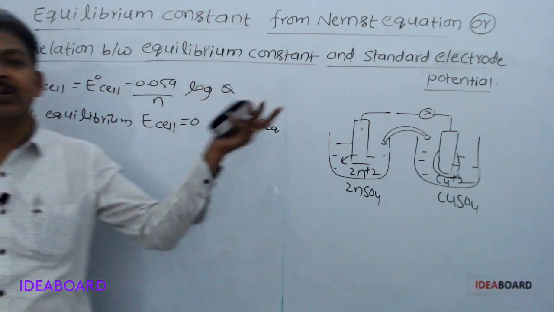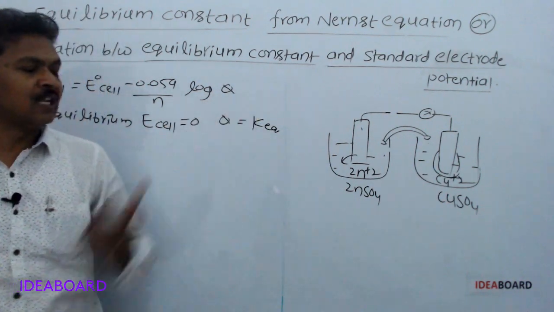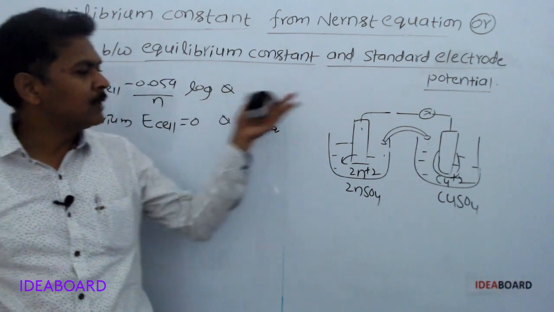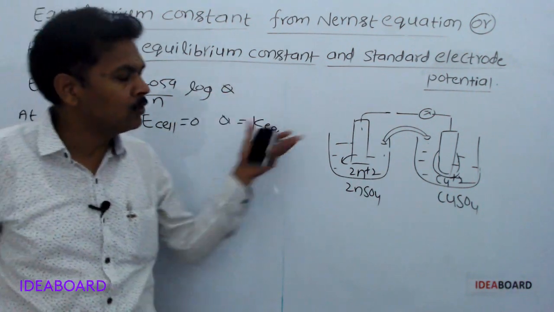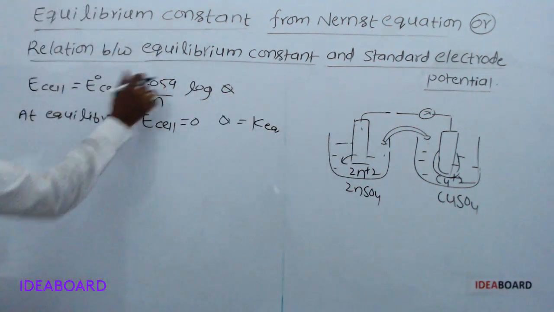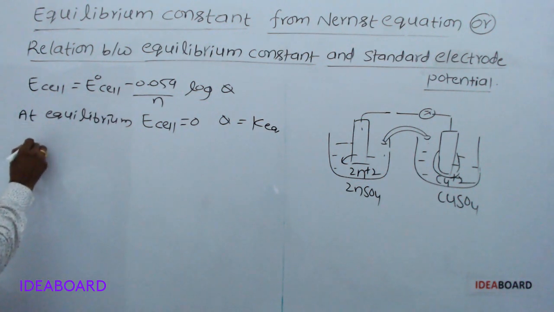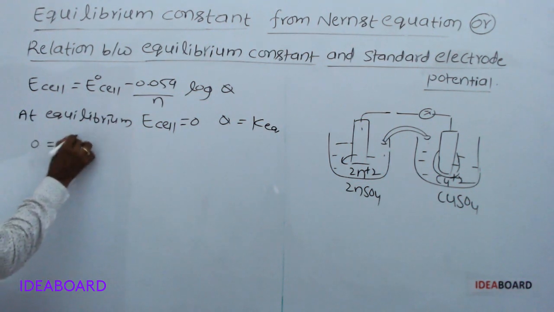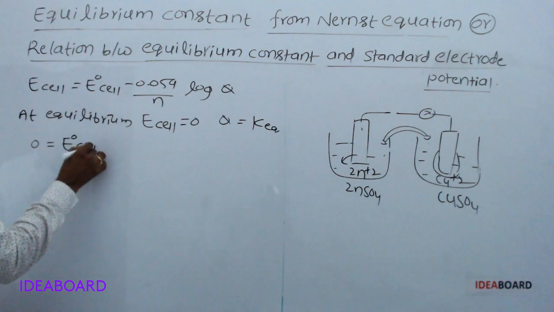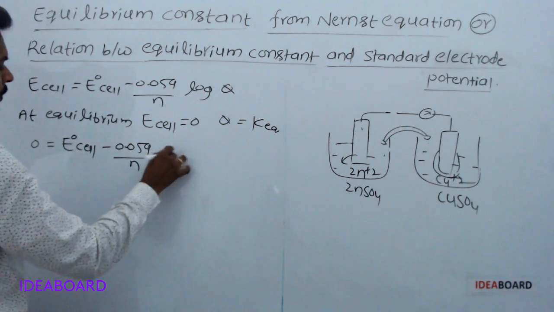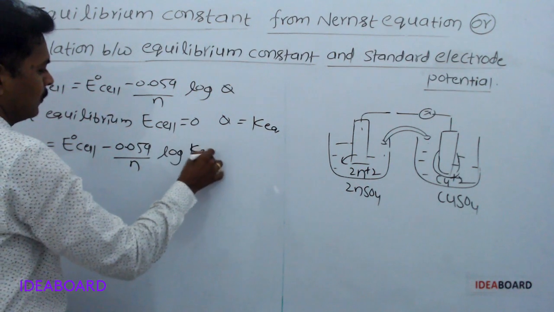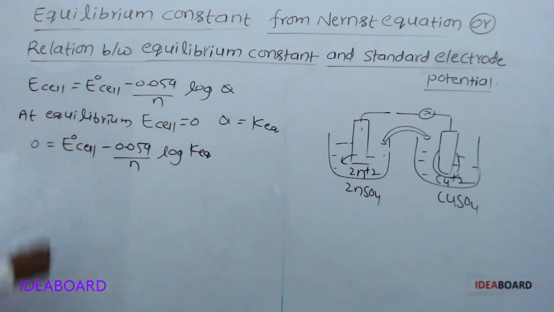This Q is reaction quotient. At equilibrium state, reaction quotient and equilibrium constant both are same. At equilibrium, this Q becomes equal to K. Then from this equation, 0 is equal to E naught cell minus 0.059 by n log K, log equilibrium constant.